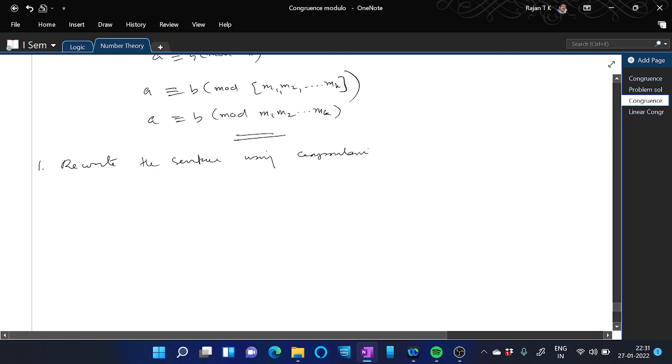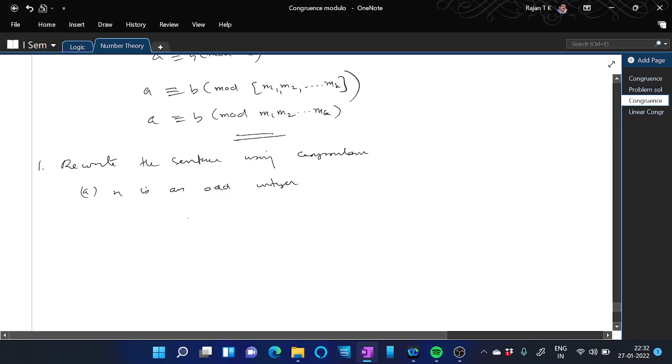Using congruence relation, how to write some sentences. So this is given here. The first sentence is like this: N is an odd integer. We know an odd integer is a number that, when divided by 2, leaves the remainder 1.